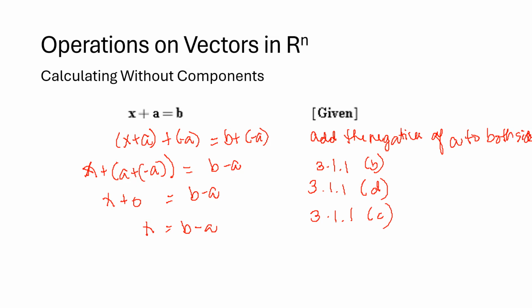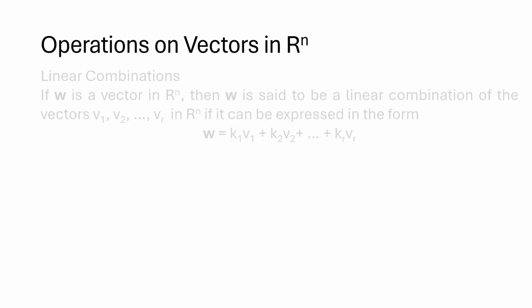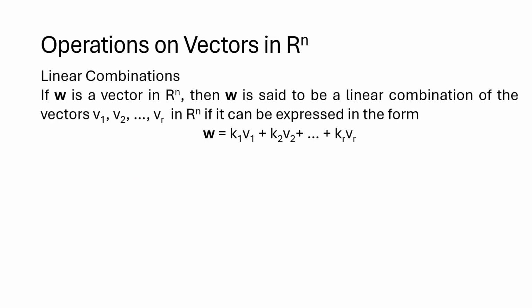Okay, so linear combinations. In addition, subtraction and scalar multiplication are frequently used in combination to form new vectors.